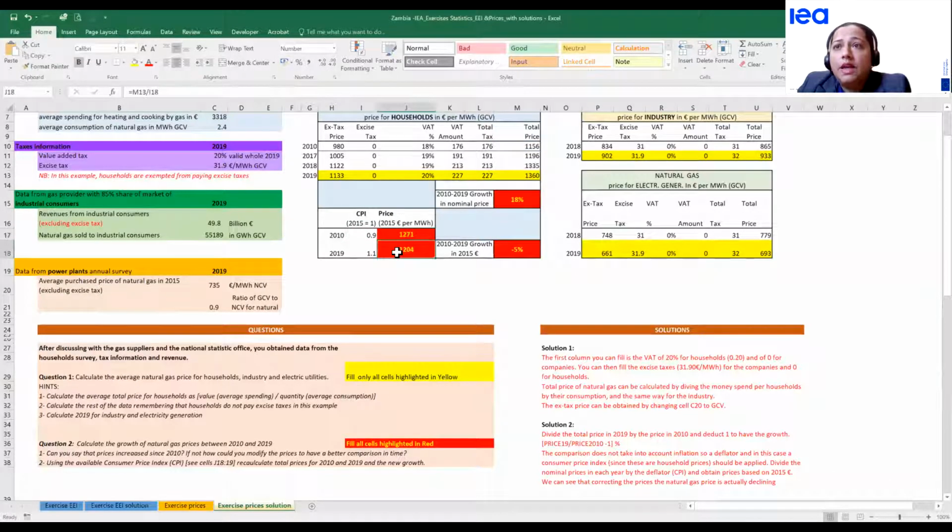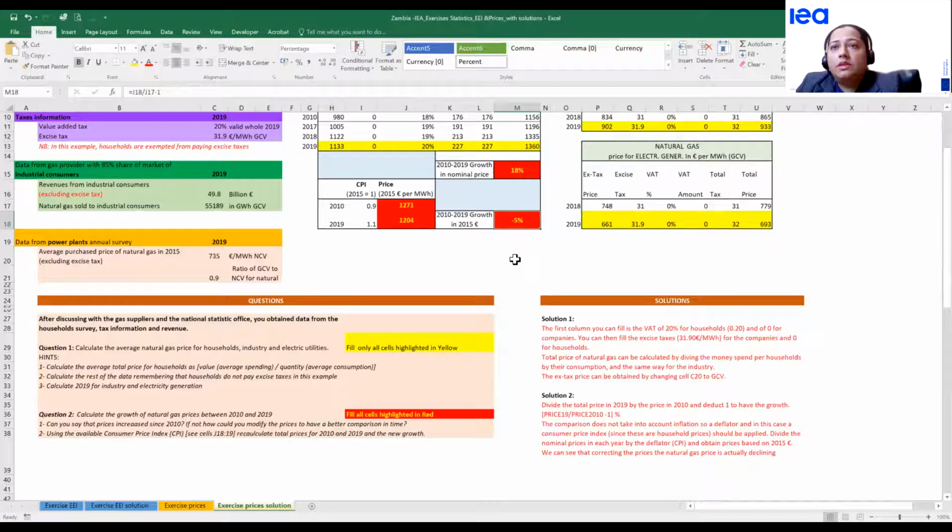And same for 2019, you take the price in 2019, you divide it by the CPI, and you get the adjusted price for 2019. And if you calculate now the growth rate in 2015 dollars, because here your CPI is based on 2015 equal to 1, so this is the base year, you see that there is a decline in prices in real terms.